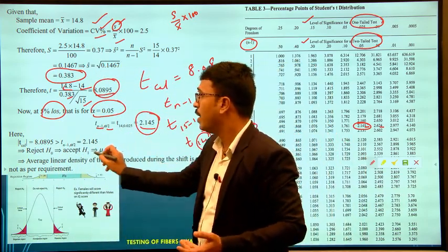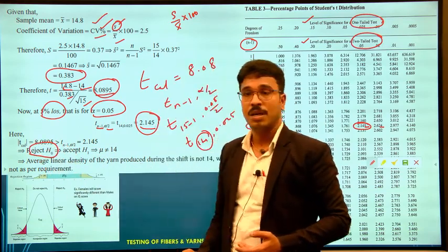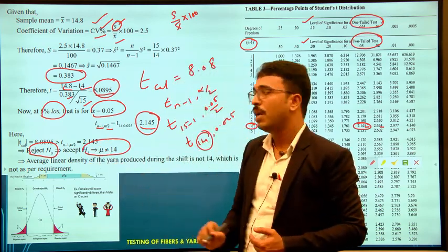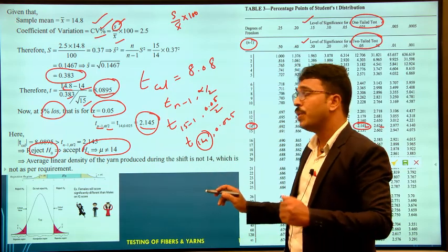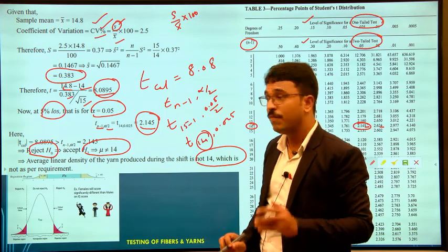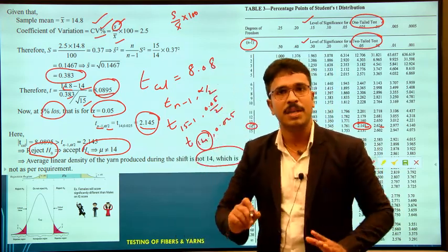So what we are doing is rejecting H0 and accepting H1. That means the average linear density of yarn produced during the shift is not 14, which means the quality is not as per the requirement.